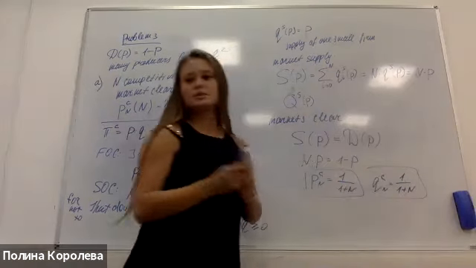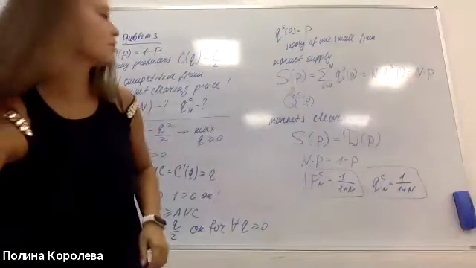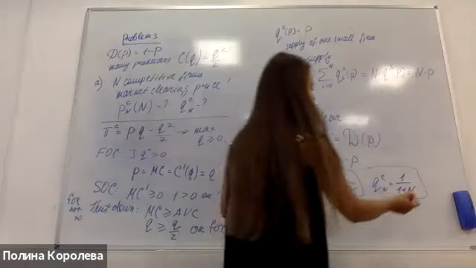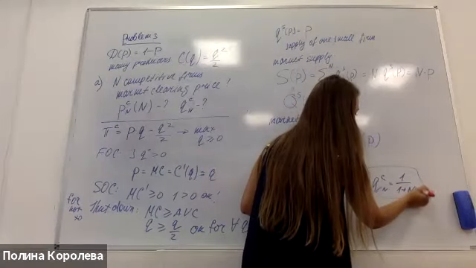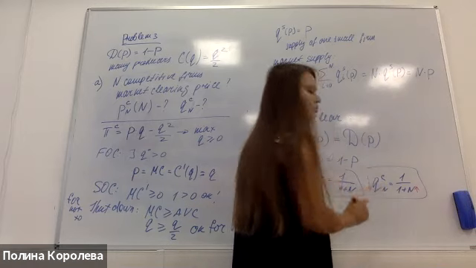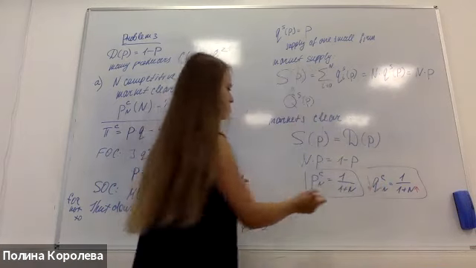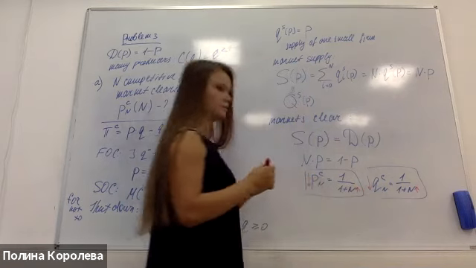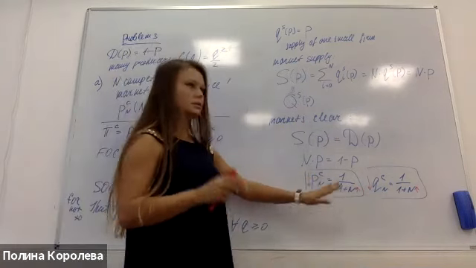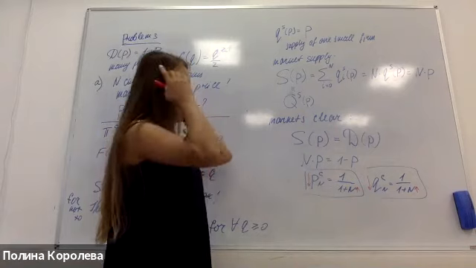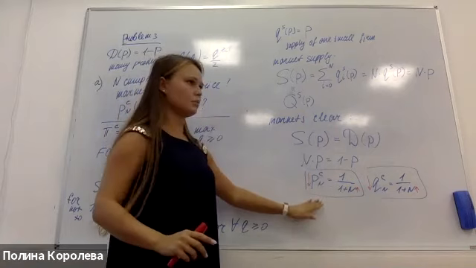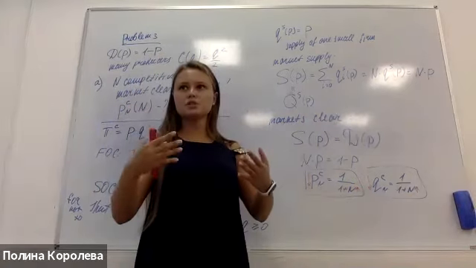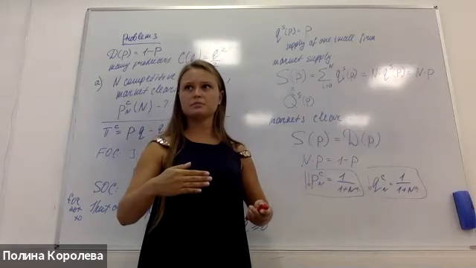And let's check the intuition. More firms, less one small firm produces. More firms, lower the price. This corresponds to our logic. Why? Because more firms means more competition, so the price goes down.